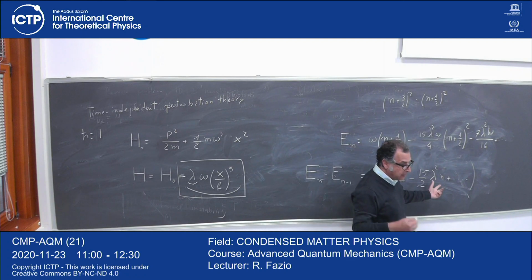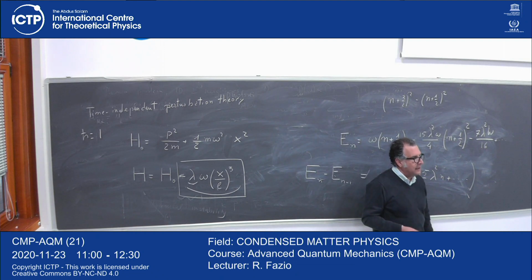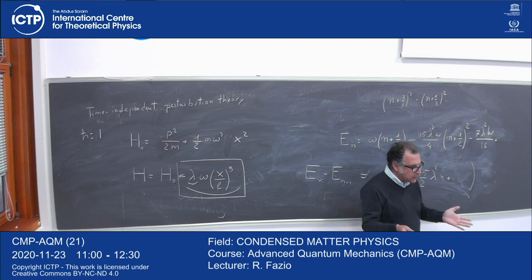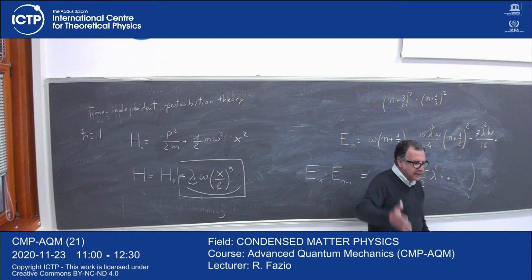So, as I repeat, the thing that should be small is this, 15 over 2 lambda square times n. Now, physically, what happened? What does it mean? It means what I tried to illustrate before. So if you have a quadratic potential and you just add a cubic potential on one side, then basically the correction will be huge.